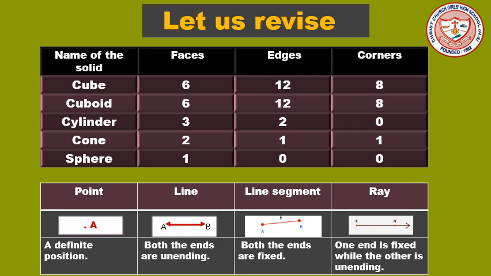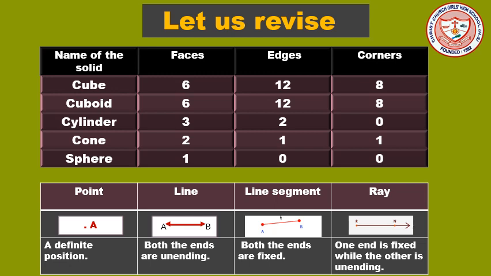Now we are going to revise the lesson that we have learned today. Okay, so I have made two tables. One is for solid shapes and another is for point, line, line segment and ray. Let us quickly read it. So name of the solid: cube, it has 6 faces, 12 edges and 8 corners.